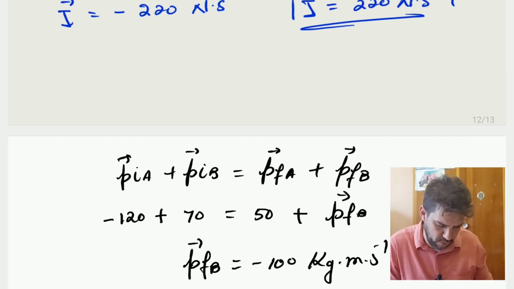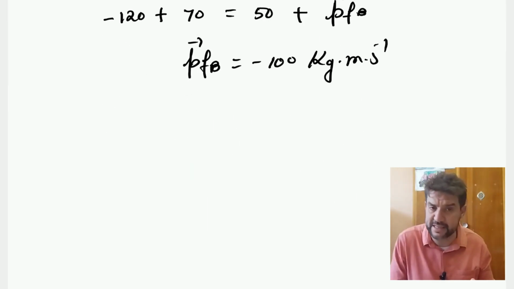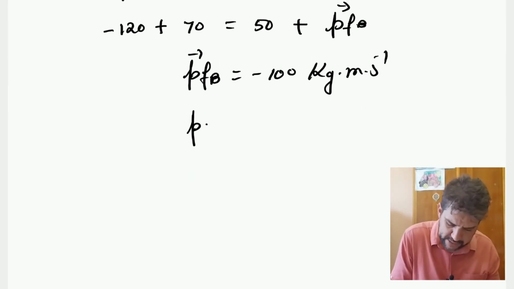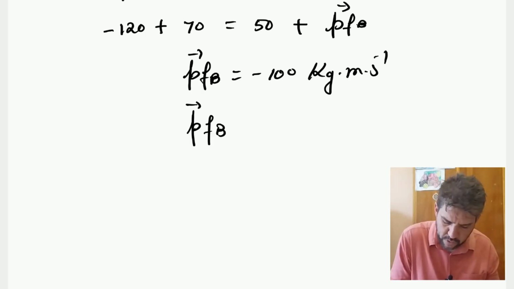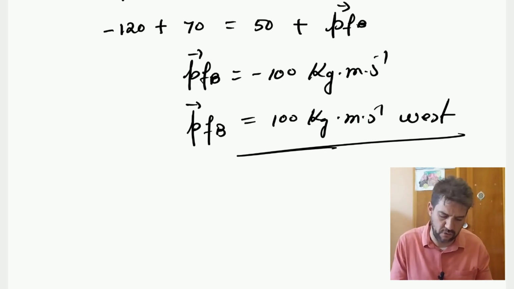The question asks for the momentum after the collision, so we need the direction. That minus is the direction, but I want to write it in words. So it's 100 kilogram meters per second west. Guys, this is the end of the question.